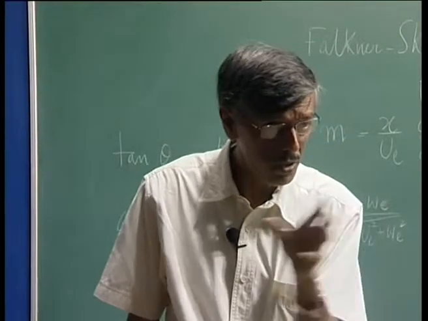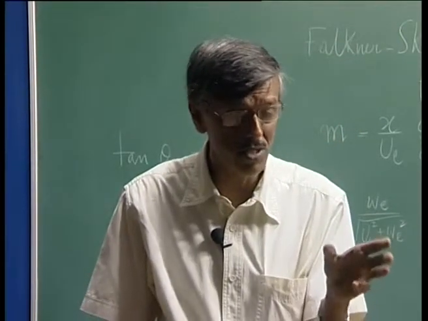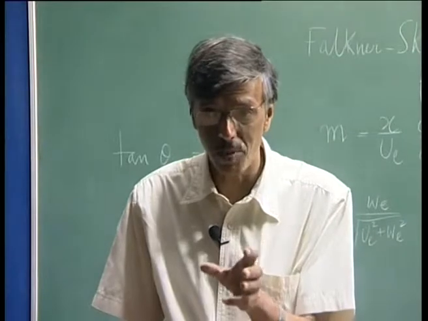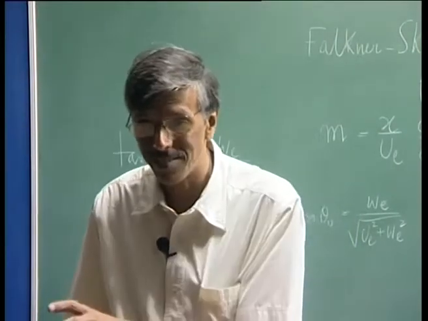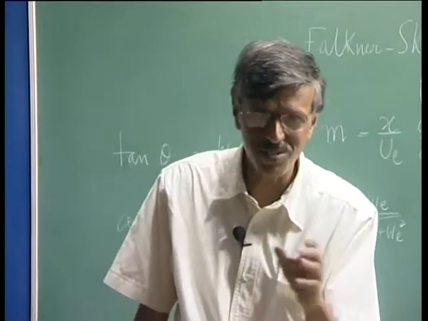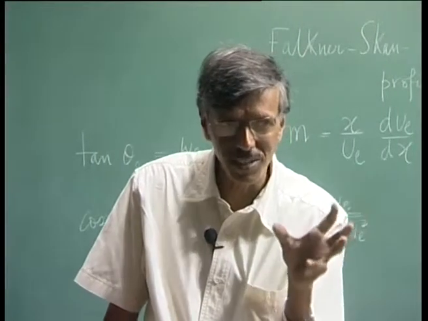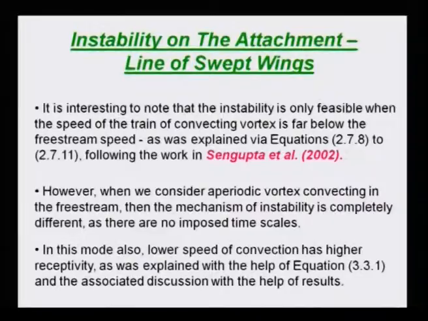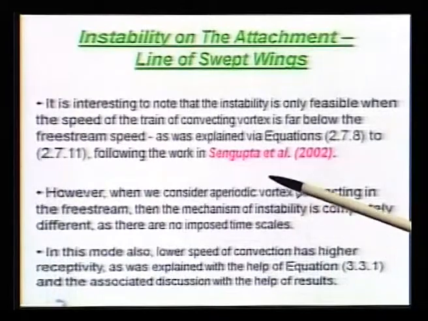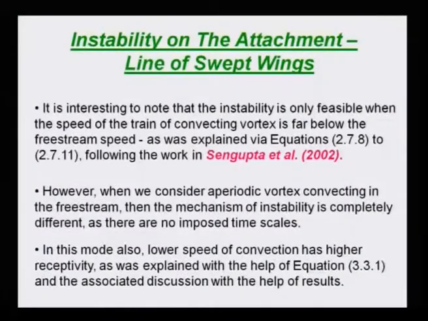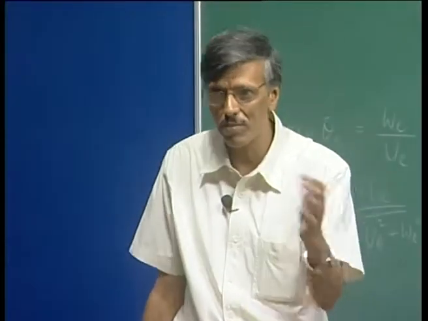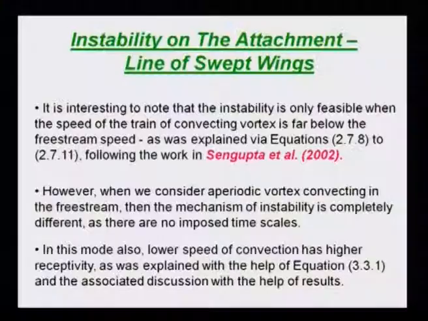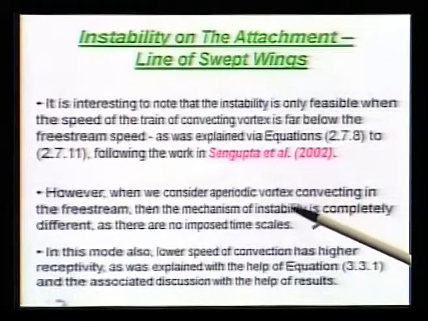Because you recall, you are now seeing it in your disturbance stream function expression. What is important is u infinity minus c. So that's why your c has to be less than u infinity. That gives you a large amplitude. So you will notice that for a periodic vortex also, c has to be distinctly different from u infinity, right? That's what we are saying.